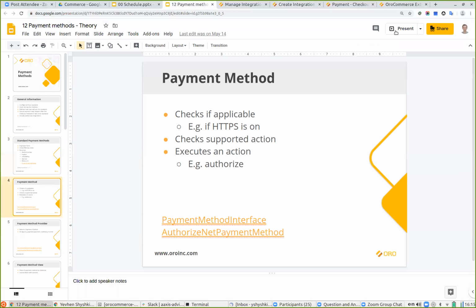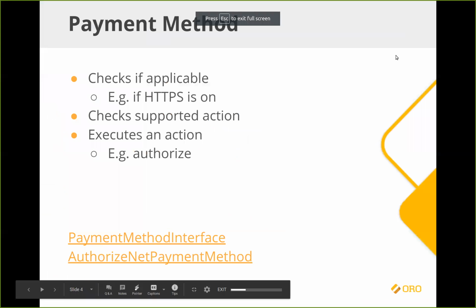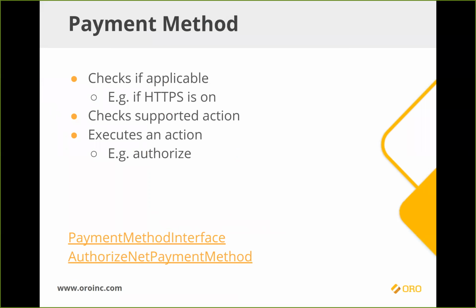So let us continue. Now we're going to check the code and see how these methods are implemented on the code level and how you can implement your own payment method if you want to. First, we have to check the method interface.